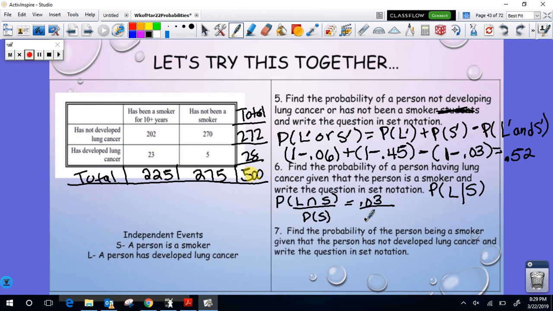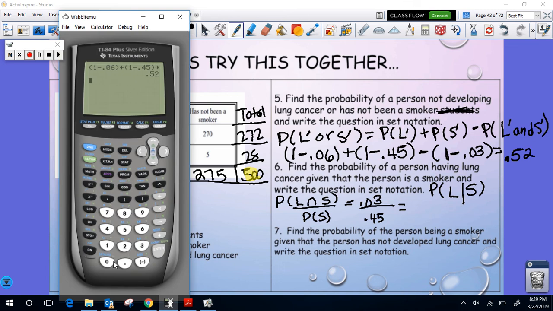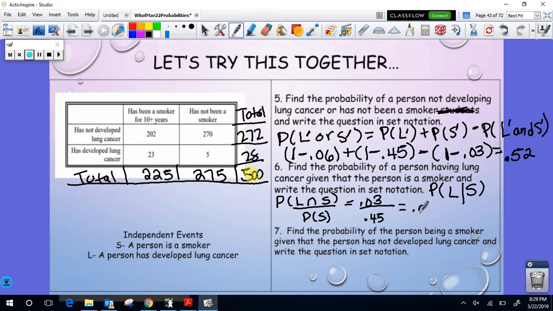You can break this formula down, and this formula is on your formula sheet too, and use your table to get what you need. So 0.03 divided by 0.45 equals 0.067.